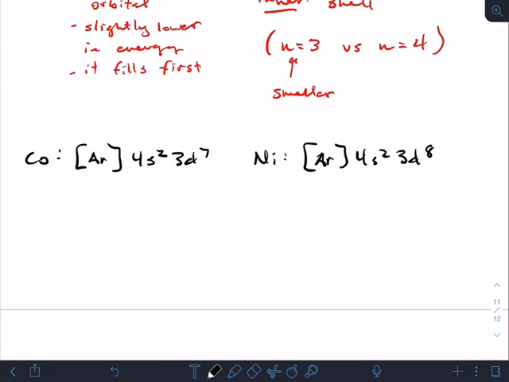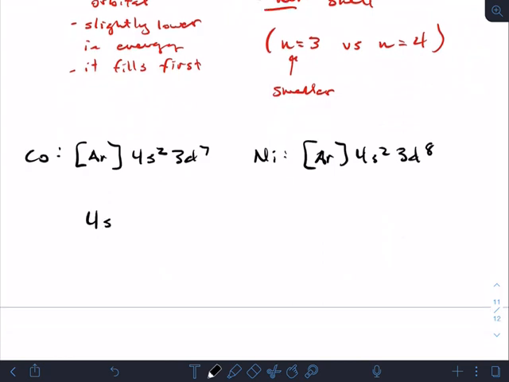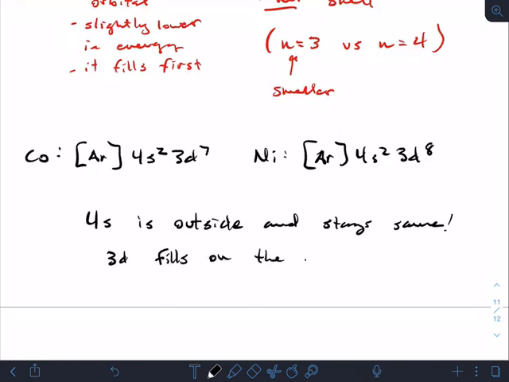These elements are roughly the same size because that 4s is on the outside and stays the same. The 3d fills on the inside.